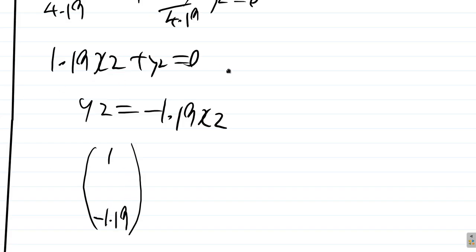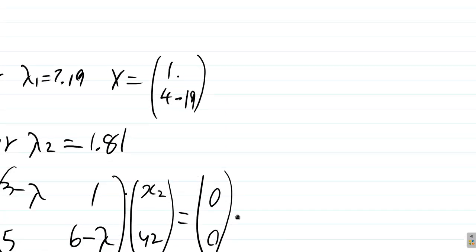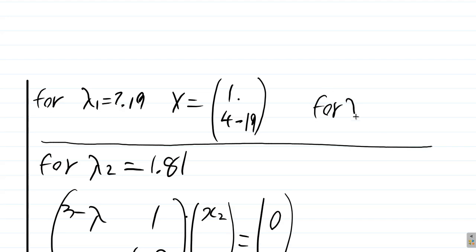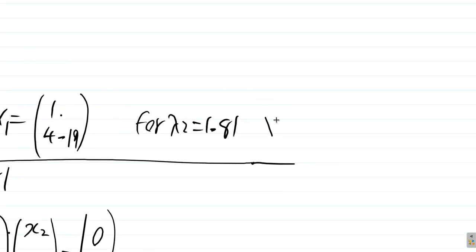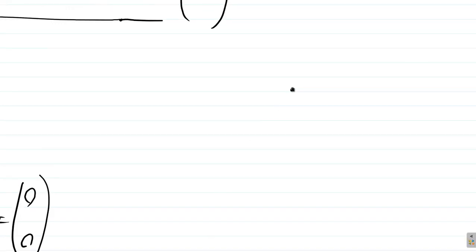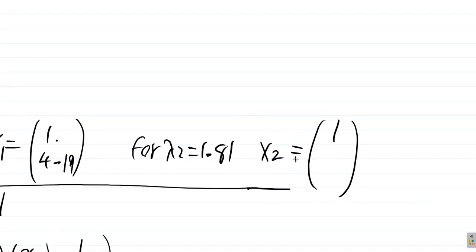So for lambda 2 equals 1.81, I will underline this and keep these things up here: for lambda 1, x1 is (1, 4.19), and for lambda 2, x2 equals (1, negative 1.19).